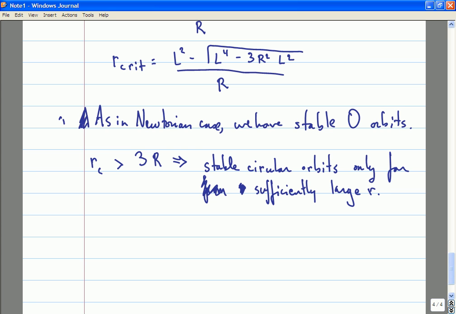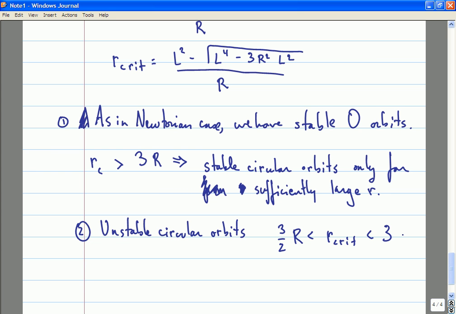Second, of course, there are unstable circular orbits at the value of radius R crit. And in fact, as L runs from root 3 R up to infinity, R crit will run between 3/2 the Schwarzschild radius and 3 times the Schwarzschild radius.